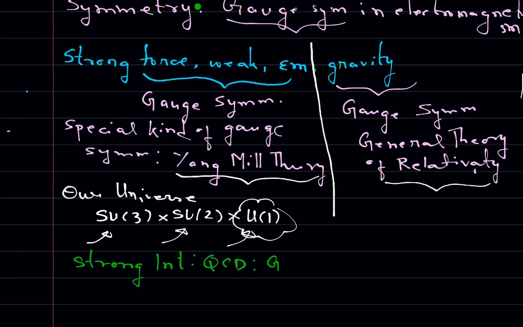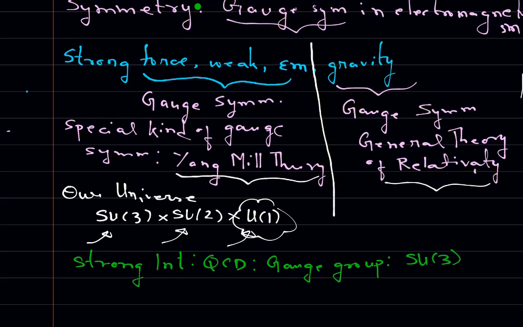Every symmetry, when I say gauge transformation or gauge symmetry, means I'm talking about some group. A group is a collection of elements, and all those elements are operators. They create this symmetry, and the gauge group for QCD is SU3.